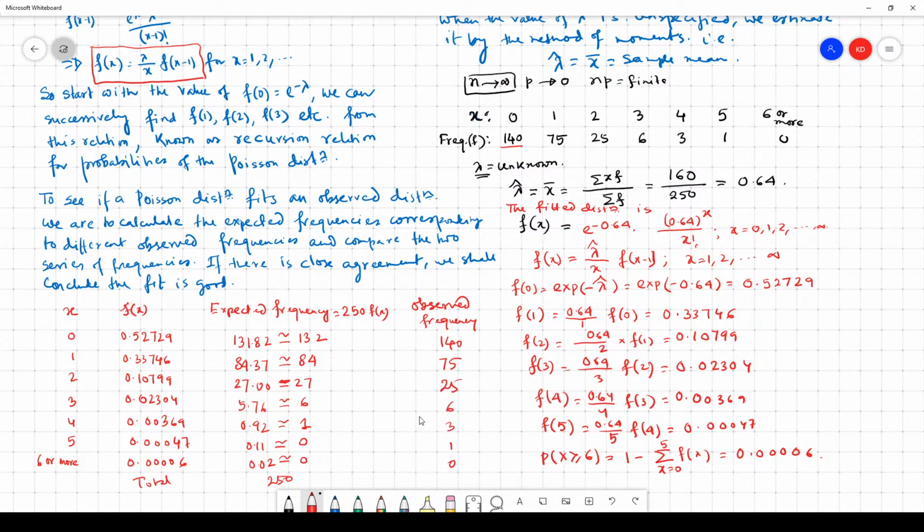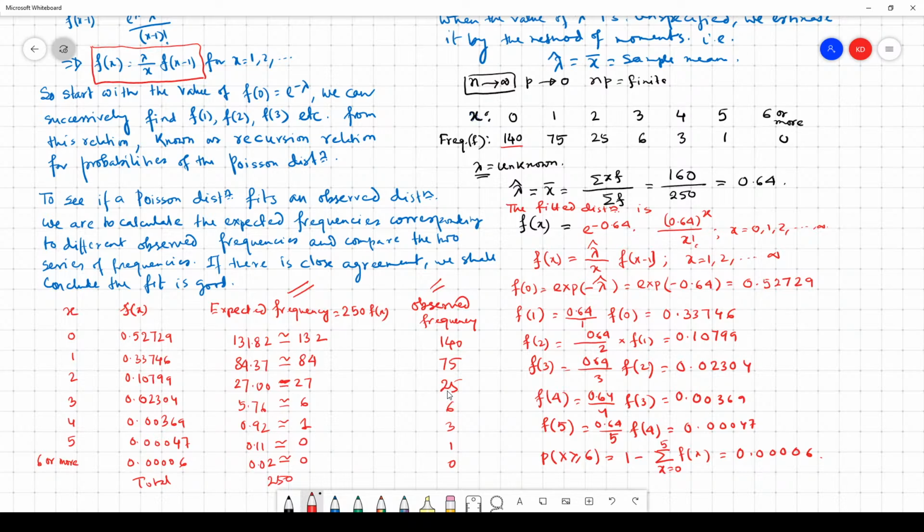So if you look at the last two columns, column 3 and column 4, we see that expected frequencies are almost close to the observed frequencies. So we conclude that the fitting is good.